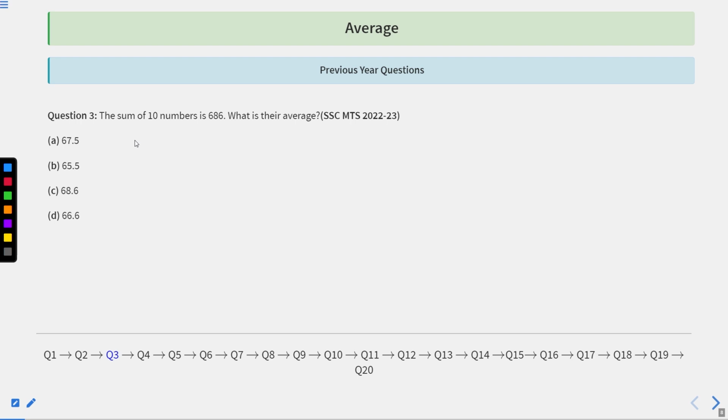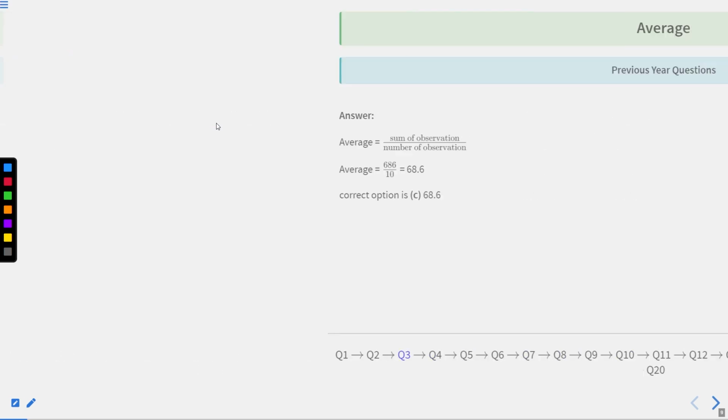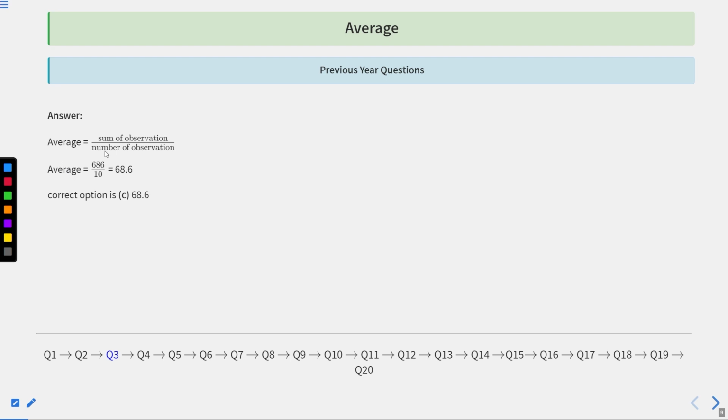Moving on to problem number 3. The sum of 10 numbers is 686. What is their average? So we have 10 numbers and their sum is given to us, and we are interested in finding the average. The average is given by sum of observations upon number of observations.